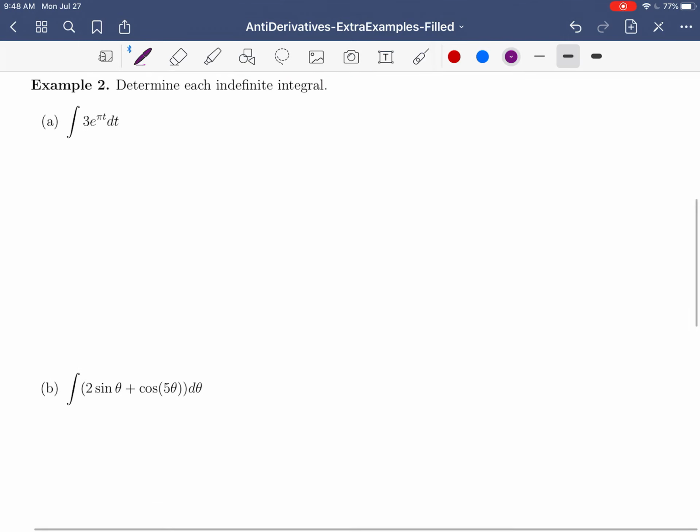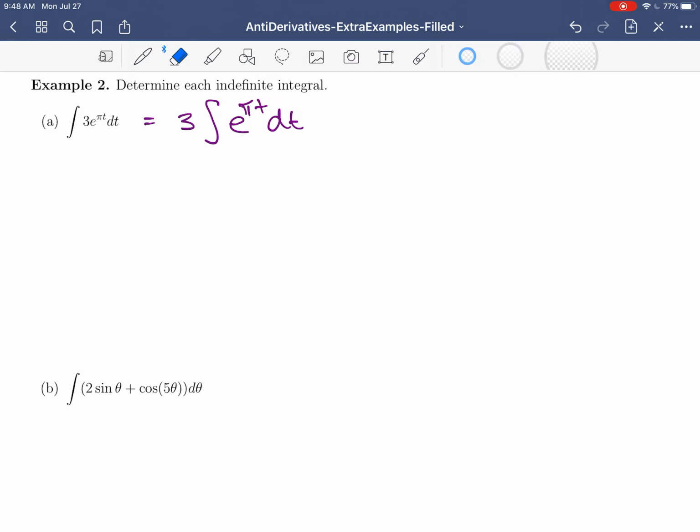Here we have some exponentials and some trig functions. So when I'm doing an exponential integral, I'm going to begin by pulling out that 3. So I just have the integral of e to the pi t dt.